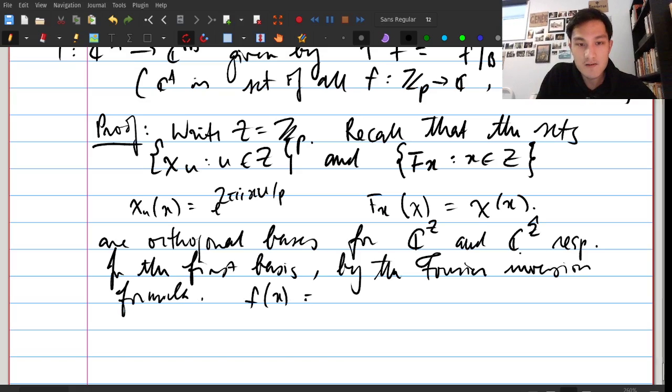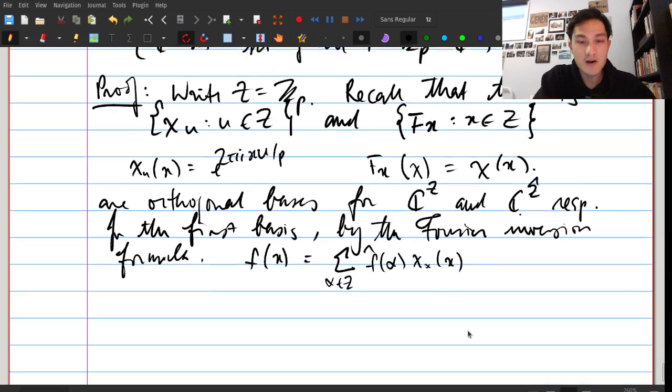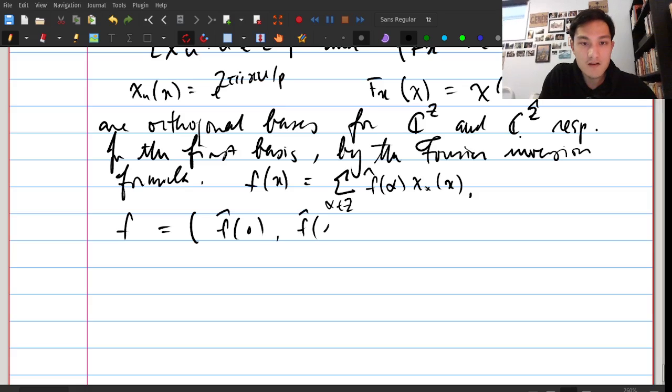So let's just write it out. f of x is the sum over all alpha in Z of f hat of alpha, chi alpha of x, right? And is that right? Yep. Okay, so f is represented by a vector: as a vector it is f hat of 0, f hat of 1, all the way to f hat of p minus 1.